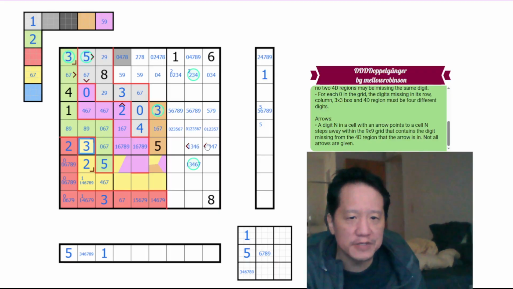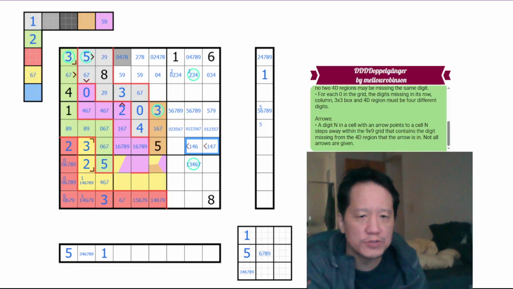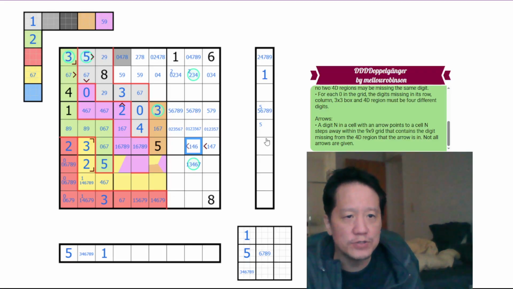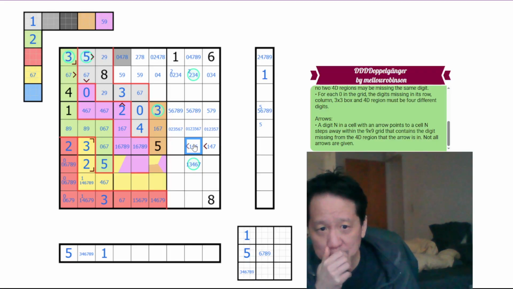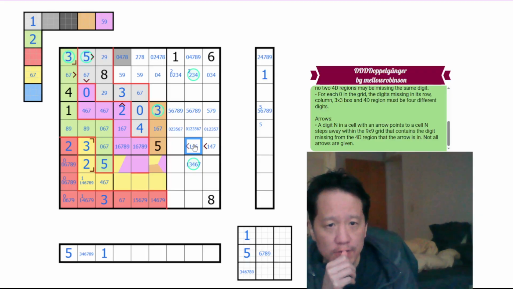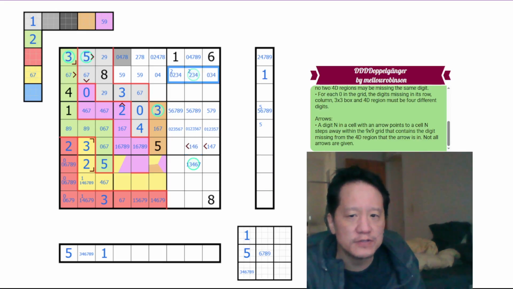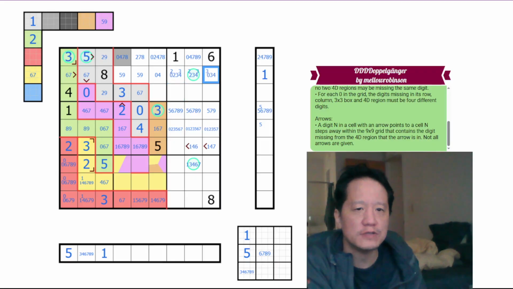This 3 eliminates 3 in the rest of the row, so this can't be 3. So could this be missing a 3? Yes, that's possible. We are guaranteed a 3 in one of these cells here because of what's missing.